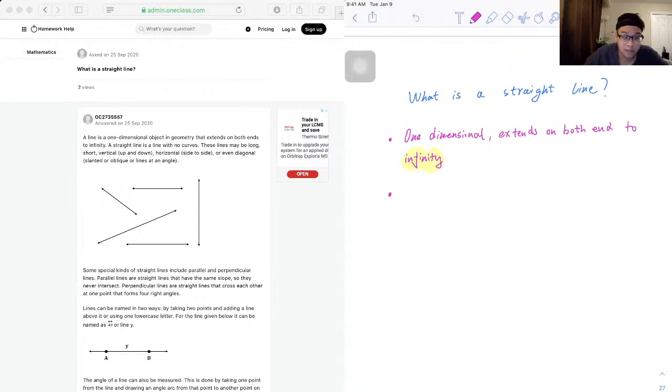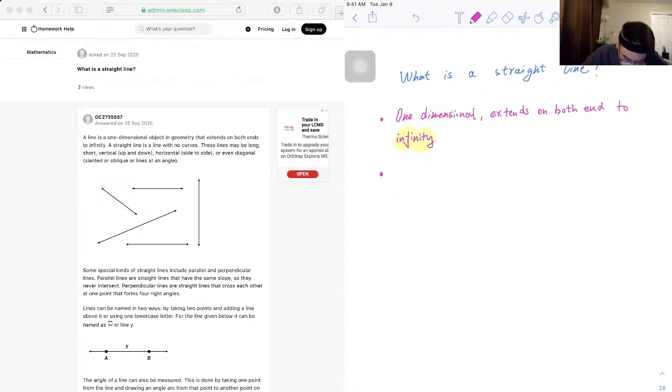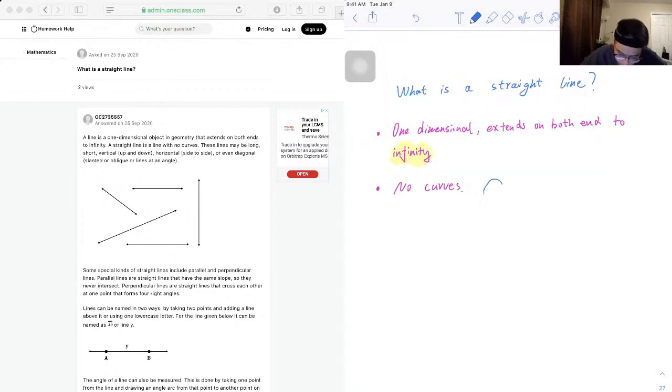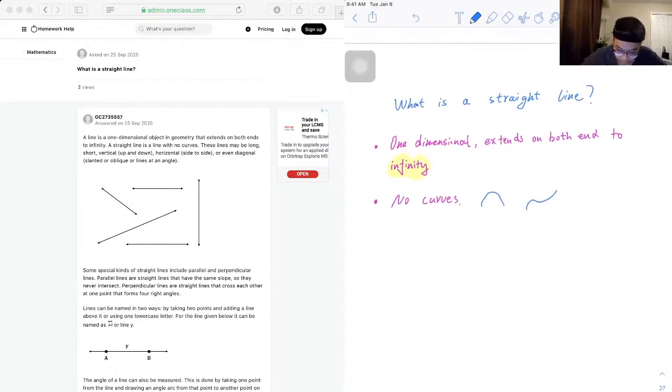And it is a line with no curves. So no curves. If we got something like this or something like that, that is not a straight line.